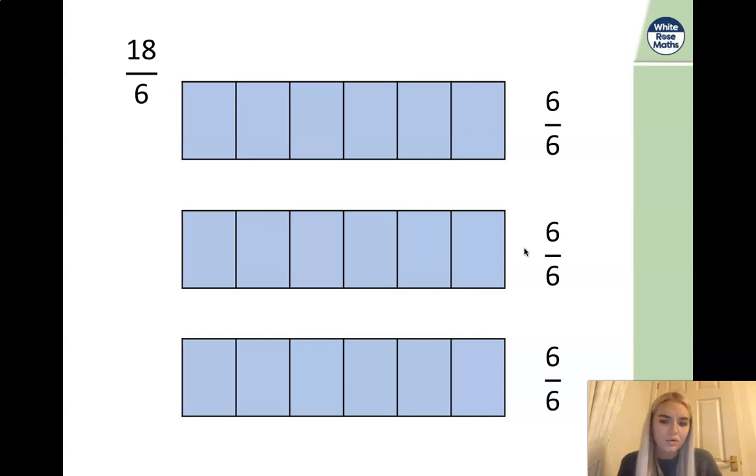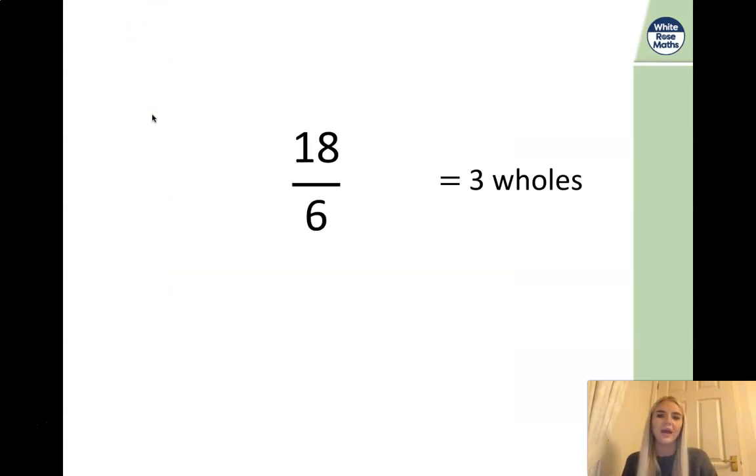And how many wholes is this then? How many wholes can you see? That's right, I can see 1 whole, 2 whole, 3 whole. So 18 sixths is the same as 3 wholes. Again, what do you notice the relationship between these two numbers? Have a think. Okay, so we're going to talk now about that relationship.